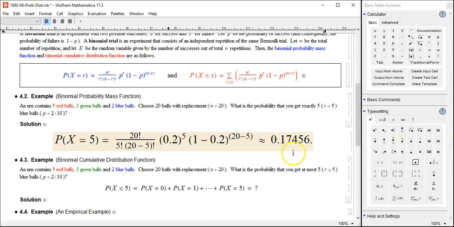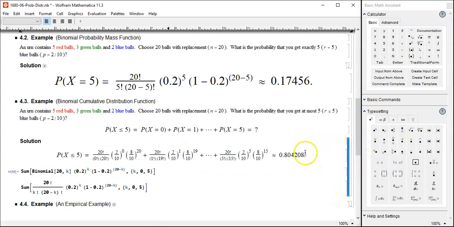We did one computation here, and that was for this one. And repeat this kind of computation 5 more times. So 4 successes, 3 successes, 2 successes, all the way up to 0 successes. And we are going to get 6 numbers. Adding them all up, I'm going to get what I want.